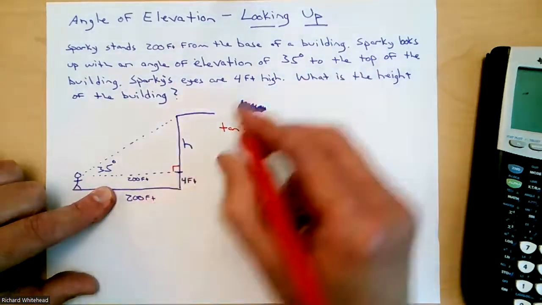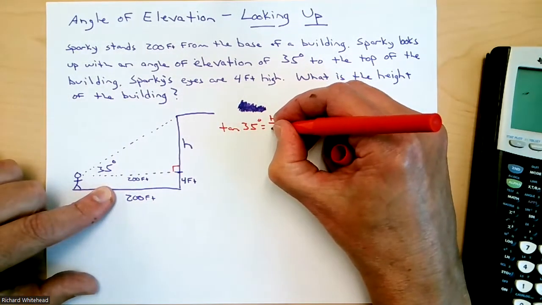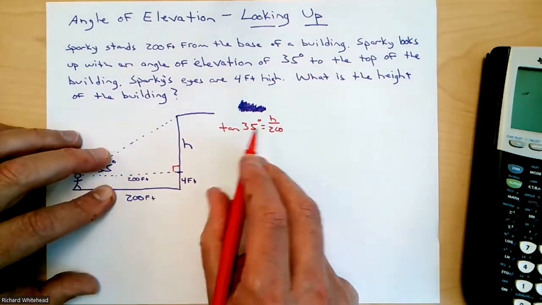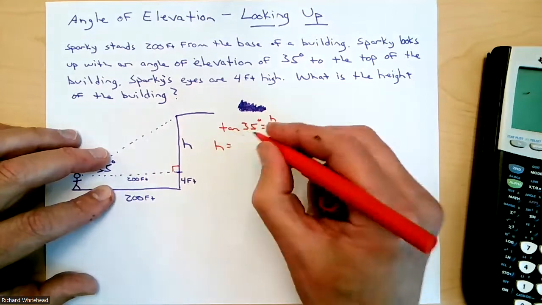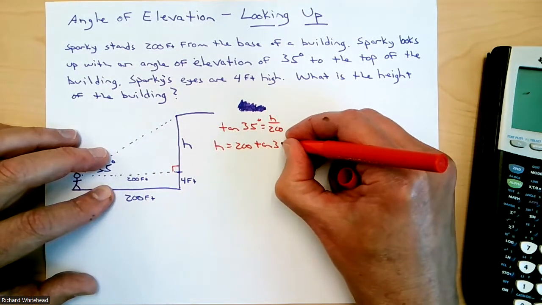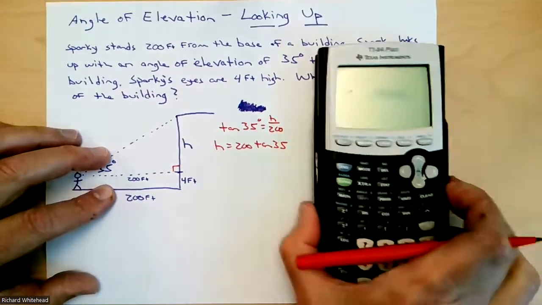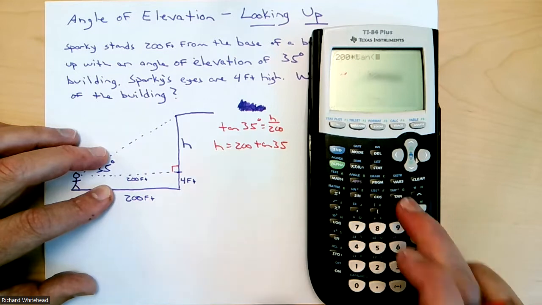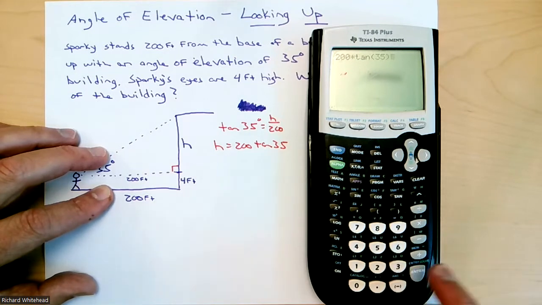Sounds like tangent of 35 degrees is equal to h over 200, which means little old algebra here, cross multiply: 200 times tan 35. So let's see what happens here. 200 times tan 35.